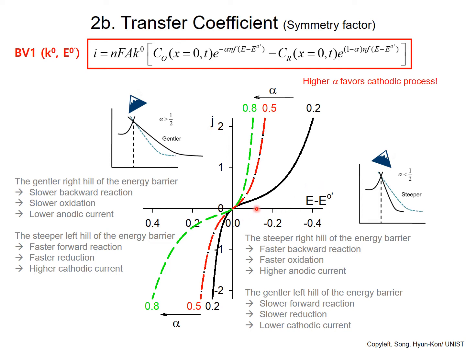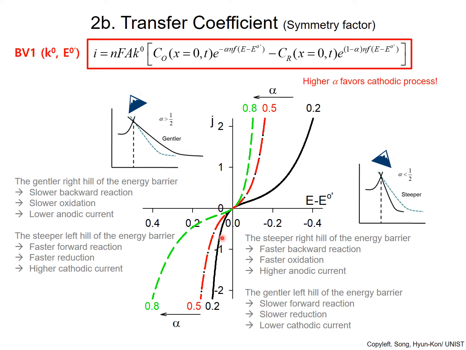At a fixed potential, we would obtain the lower cathodic current for 0.2 when compared with the case at 0.5. Let me go to the anodic process.